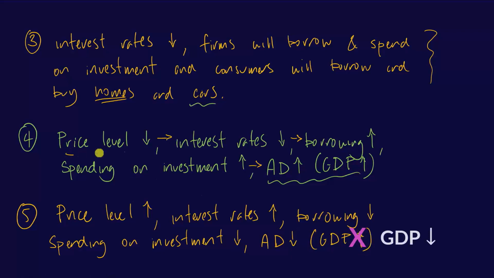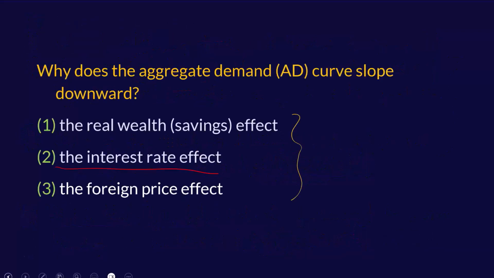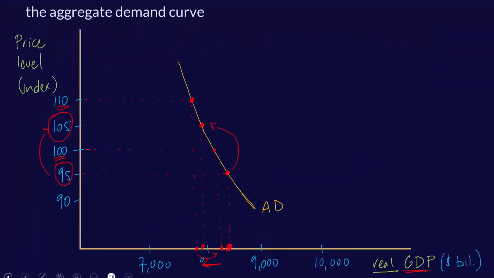Okay, so price level goes down, aggregate demand goes up; price level goes up, aggregate demand goes down. And that's just what we said here. Let's see what we have drawn. Price level goes up. We're going to go from here to here on the aggregate demand curve, which means that, well, aggregate demand and GDP are going down. Okay, there we go.